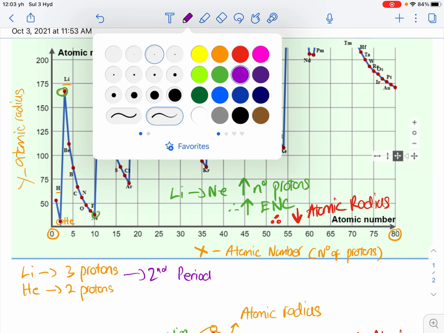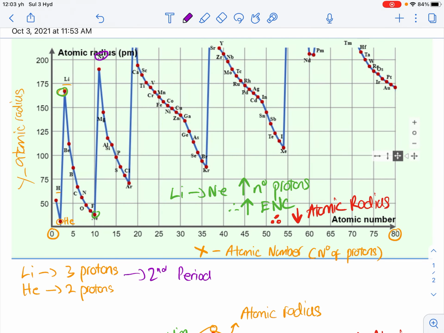And then it shouldn't be any surprise to you that by the time we get up to sodium up here, we get a huge jump again in atomic radius. Well, why do we get that huge jump? Because by the time we get to sodium, we're now starting the 3rd period, i.e. the 3rd energy level. So we're now becoming further and further away from the nucleus.